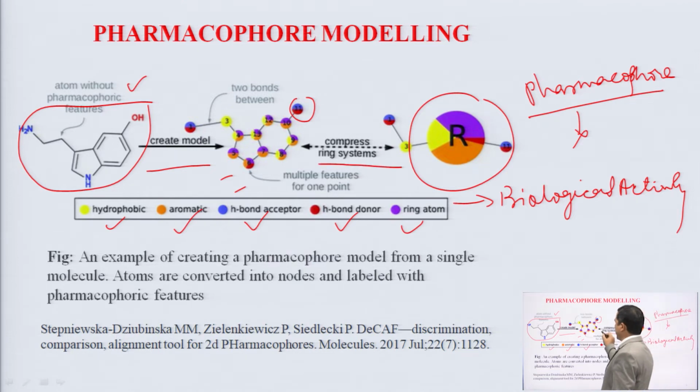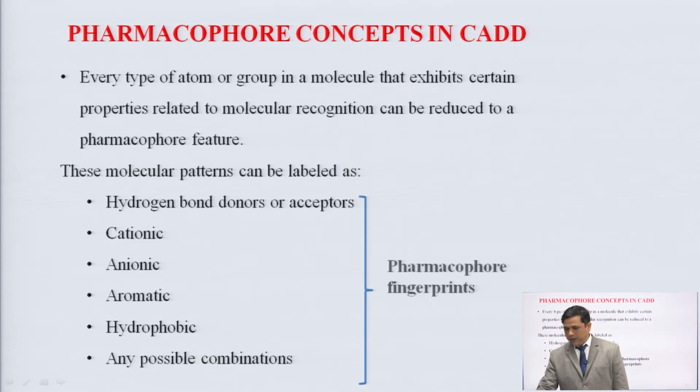After compressing the ring system, we develop this pharmacophore model. This figure shows an example of creating the pharmacophore model from a single molecule, with atoms converted into nodes and labeled with pharmacophoric features: hydrophobic, aromatic, hydrogen bond donor, hydrogen bond acceptor.